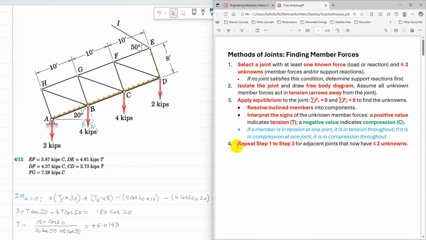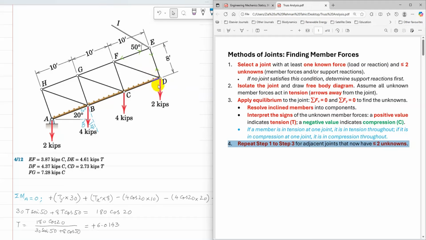So step 4 is to repeat step 1 to step 3 for adjacent joints that now have 2 or less than 2 unknowns. So after solving joint E, the adjacent joints are F and D. At joint D, there are 2 unknowns, and at joint F, there are 3 unknowns.